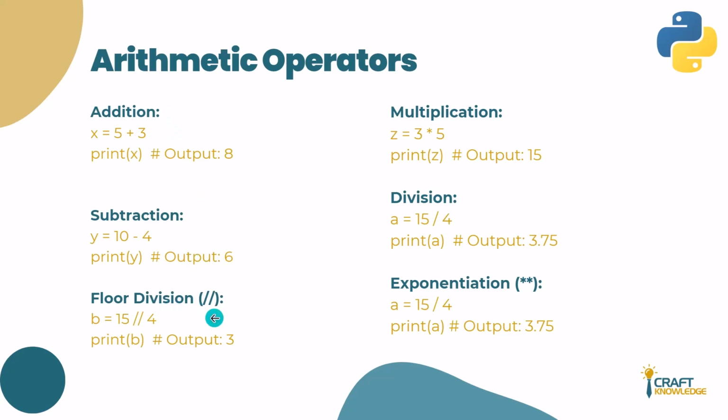By floor division we mean if we divide, let's say 5 divided by 3, the answer would be a floating point value. But if you don't want the answer in floating point, you can use floor division. This will get you a floating point free answer, or an answer in integer format, right? Then we have simple division, we have multiplication, and we have the exponent, or power sign, denoted by a double asterisk.